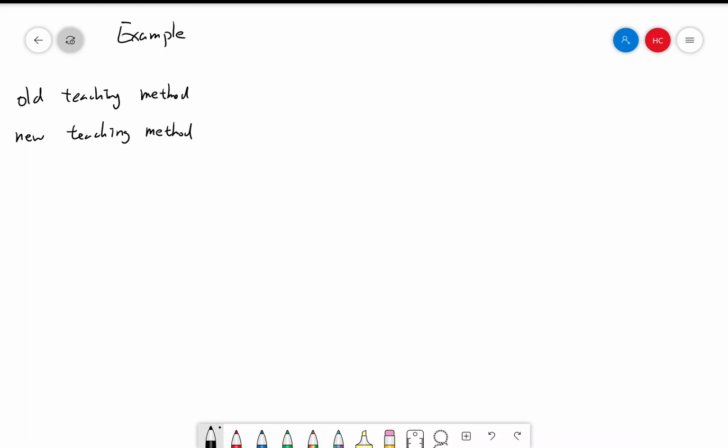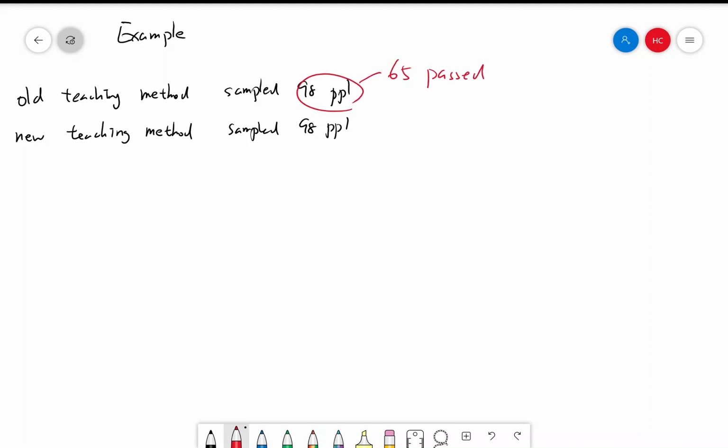So we randomly sampled 98 students for each of the methods. Among the ones who were taught using the old method, 65 of them passed the exam. And among the 98 people taught using the new teaching method, 87 passed the exam.